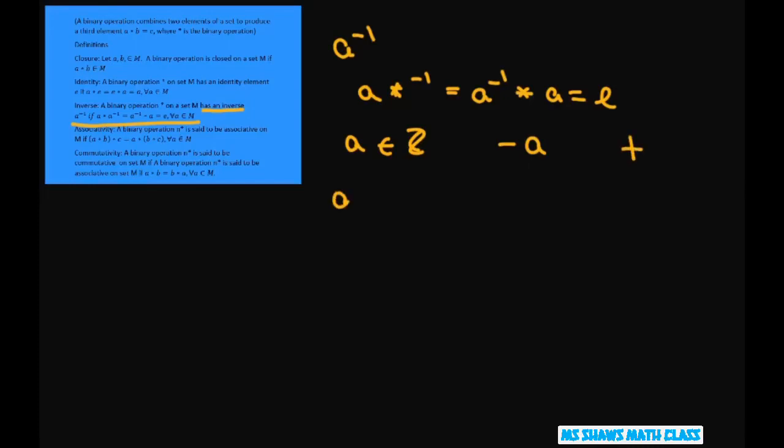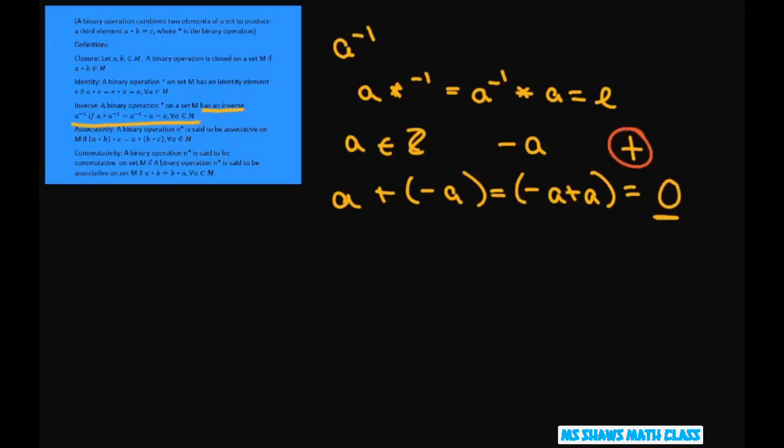For example, A plus a negative A equals negative A plus A, which equals 0, which gives us our identity element for addition. So if you put 4 plus a negative 4, that equals negative 4 plus 4, which equals 0.